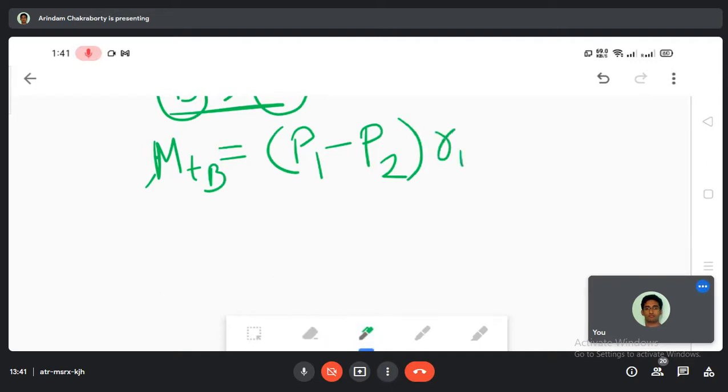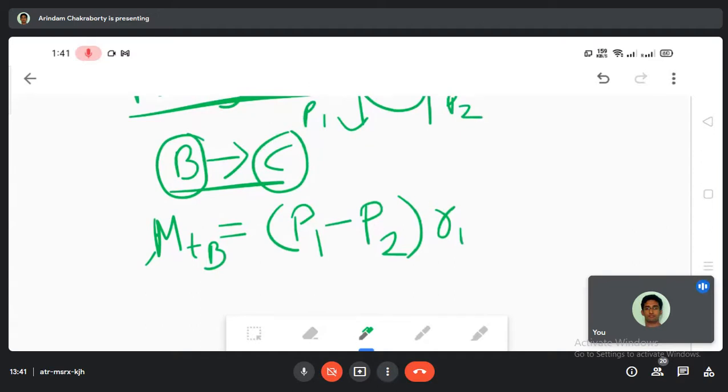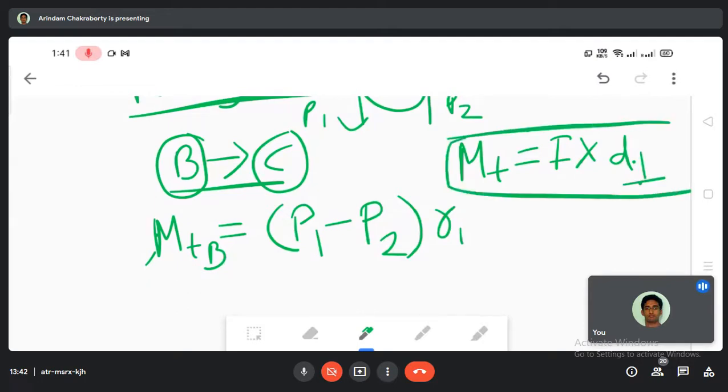This is the default torque formula: MT is equals to F into D, but D is nothing but the perpendicular distance. According to that formula we have done P1 minus P2 into R1.